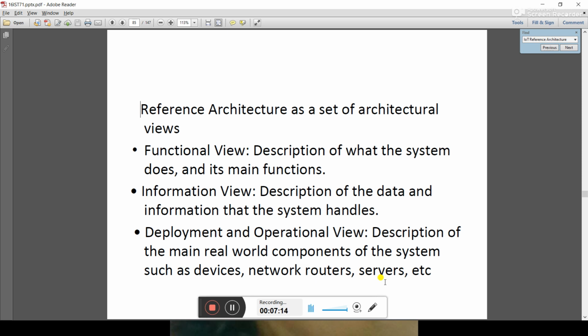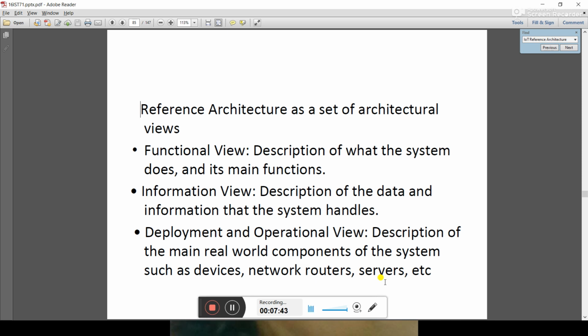In the information view, we cover which type of data is involved. For example, I have taken the example of a data gathering system for gas leakage in a city. So the information view is for my gas leakage: my data is the gas leakage, and the data is collected from gas sensors.